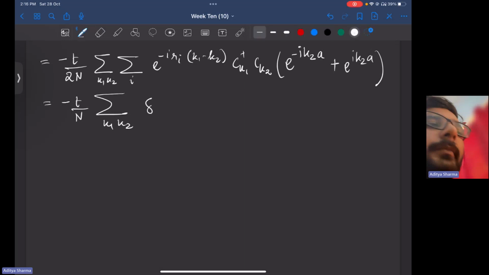This is the Dirac delta of k1, k2. And I'm going to take this, so this is cos k2 a. So this gives minus t, sum over k, ck dagger ck cos ka. Right.